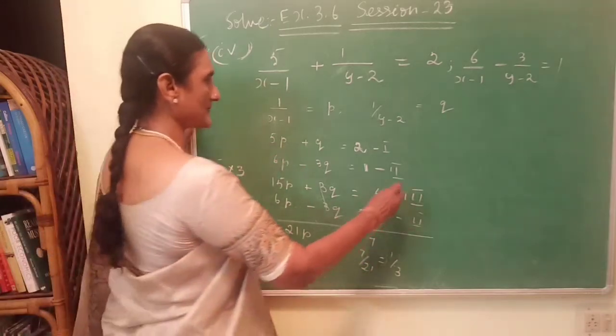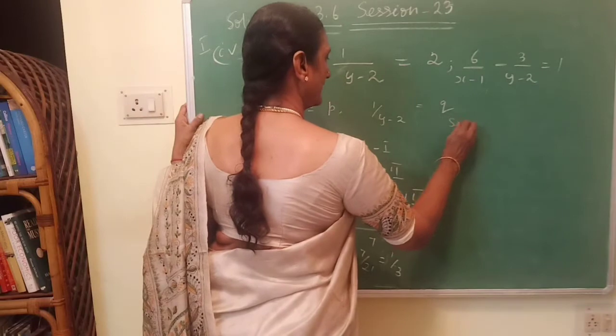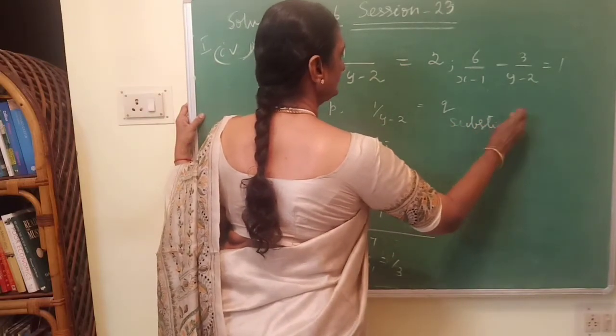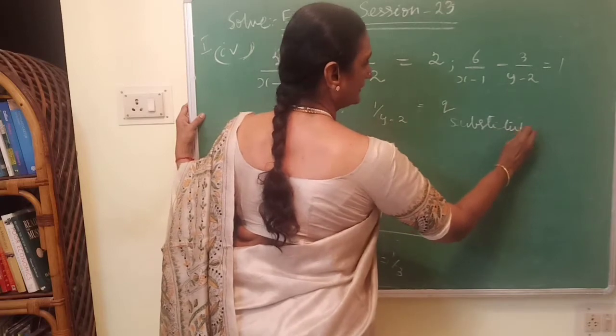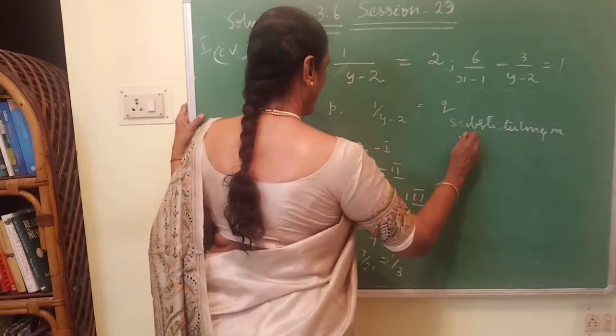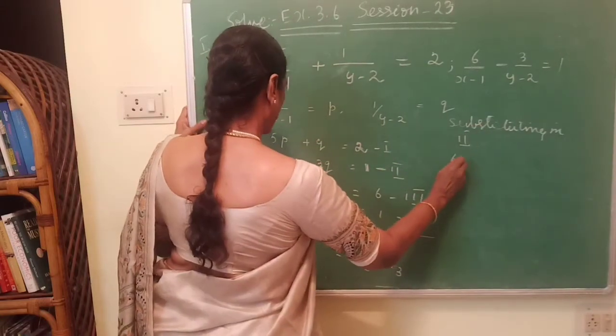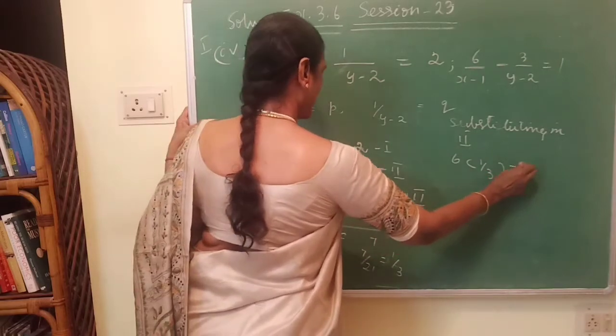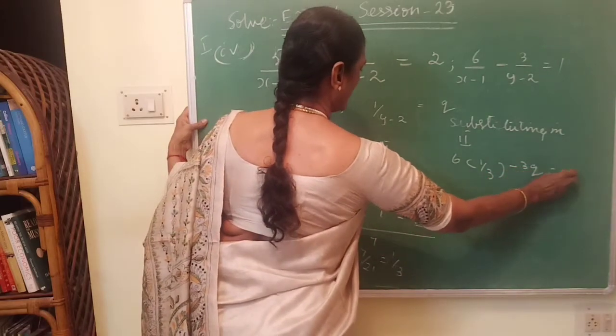So substituting in equation 2, we get 6 into, instead of p I must put 1 by 3, minus 3q is equal to 1.